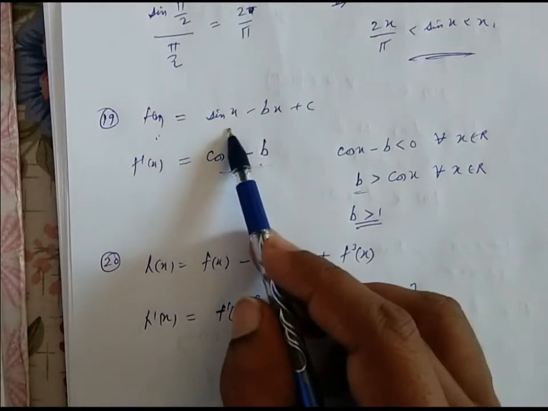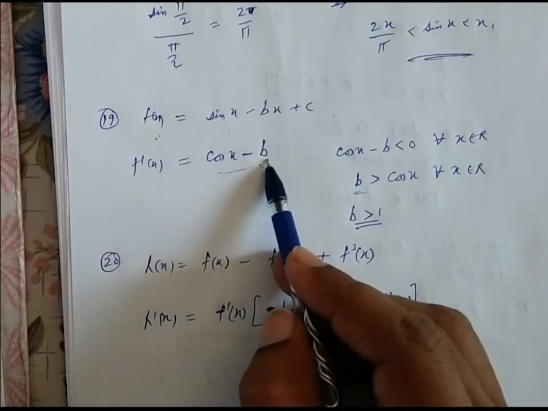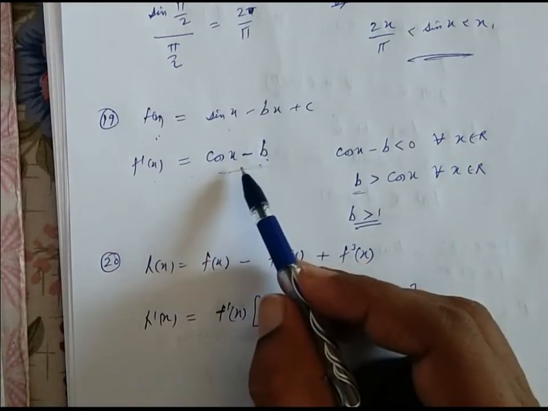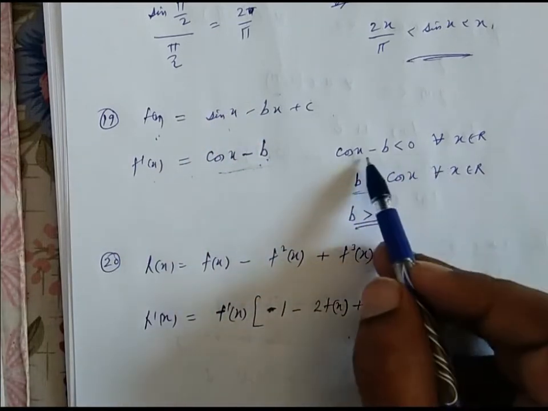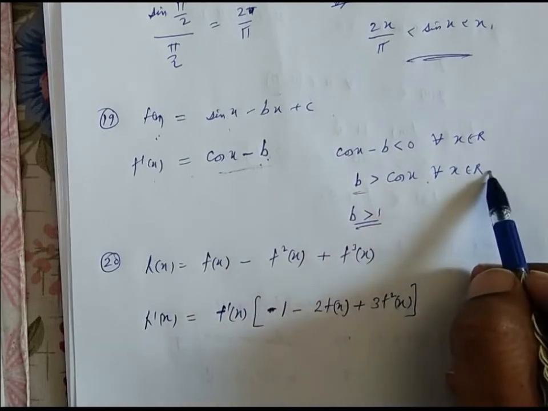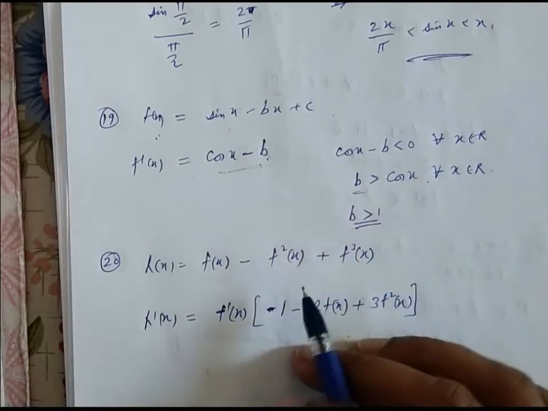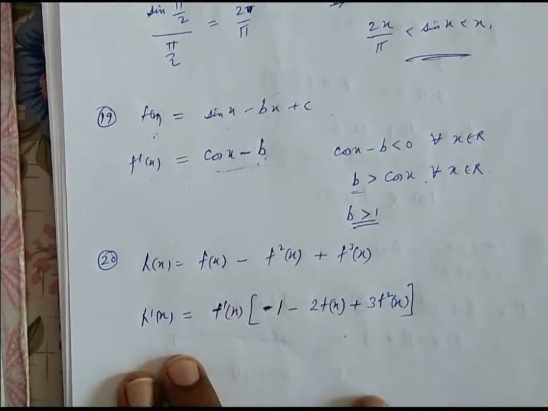So f(x) is equal to sin x minus bx plus c, f dash x is equal to cos x minus b, and for the function to be decreasing, f dash has to be less than 0 for all x, so b has to be greater than or equal to cos x for all x belongs to R, and hence b is greater than or equal to 1.